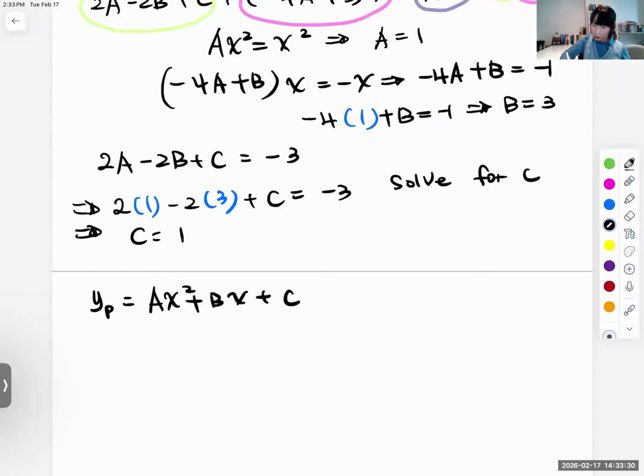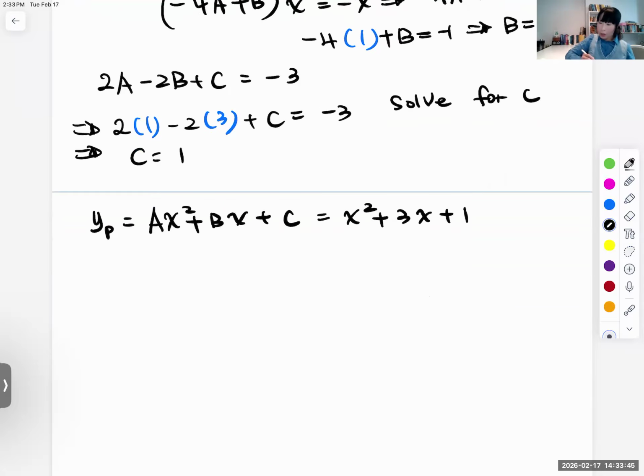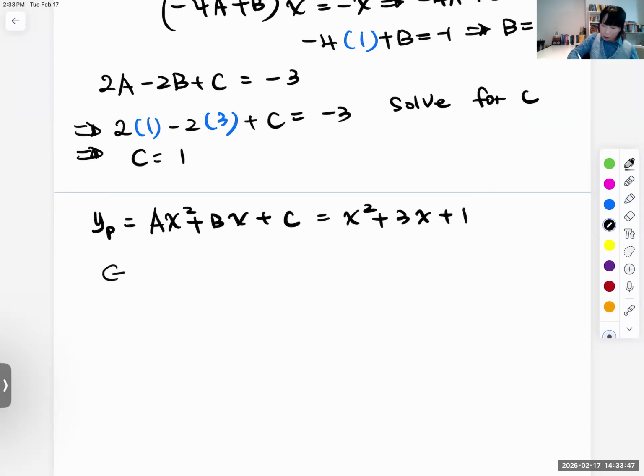So we have a, which is 1, x squared, b, which is 3, plus 3x, c, which is plus 1. Okay, now we have the general solution.